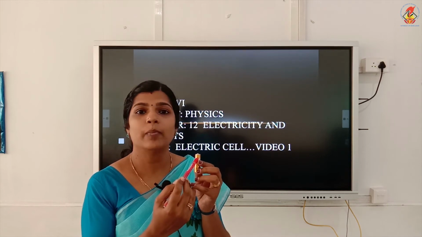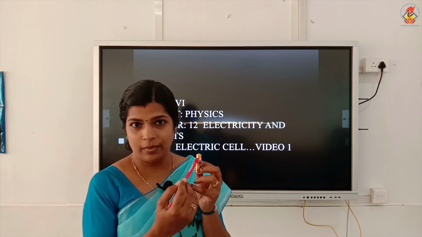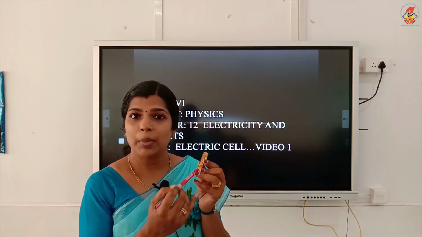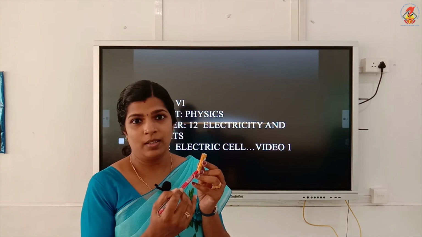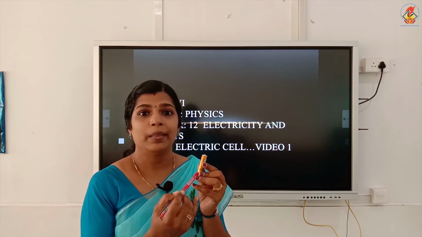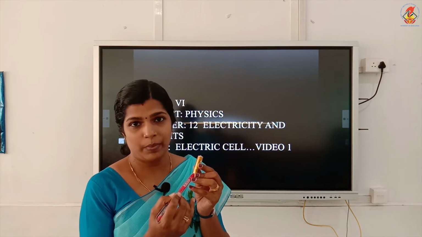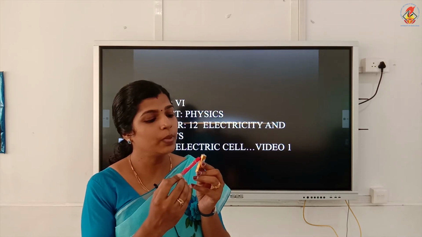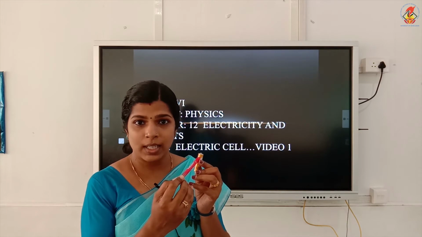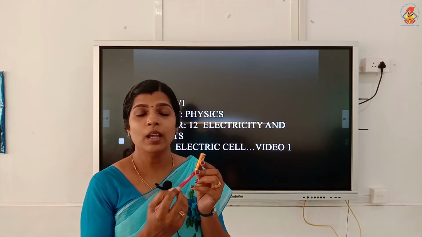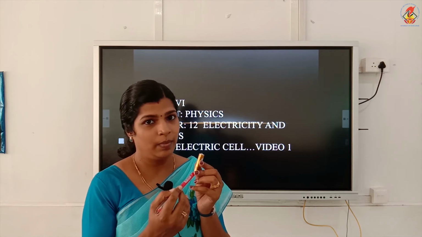The positive terminal is marked with a plus sign, and the negative terminal is marked with a minus sign, just your mathematical addition and subtraction symbols.